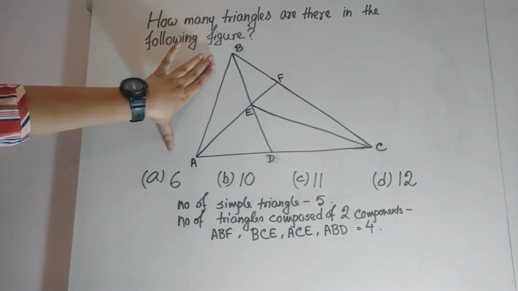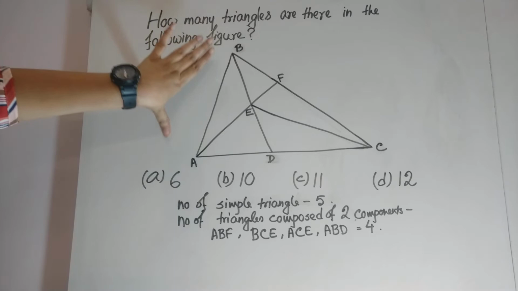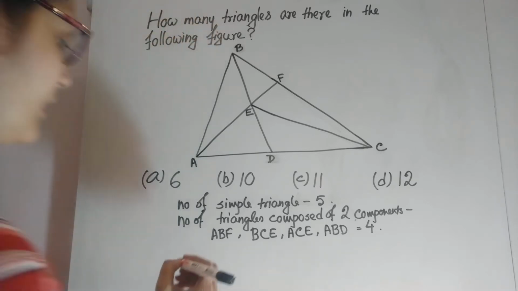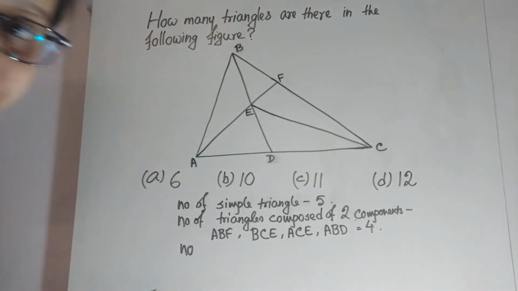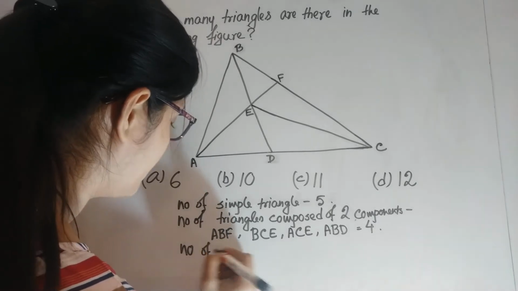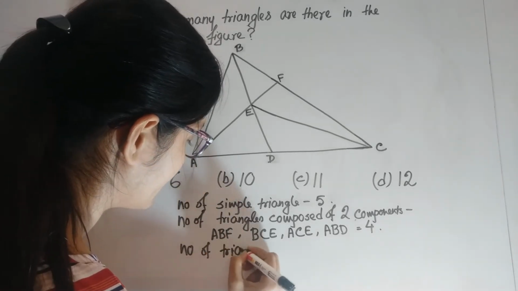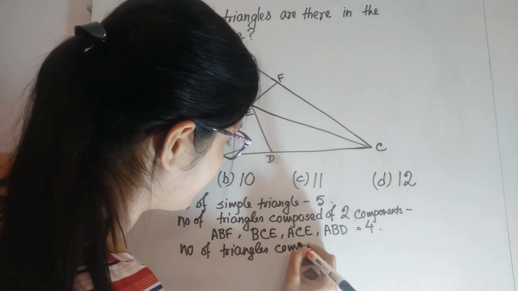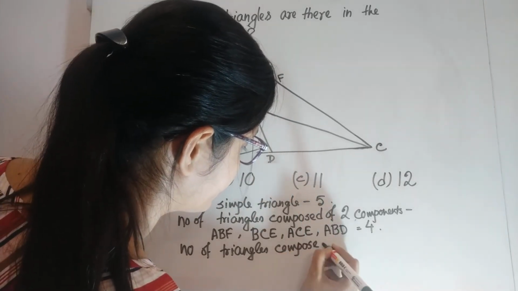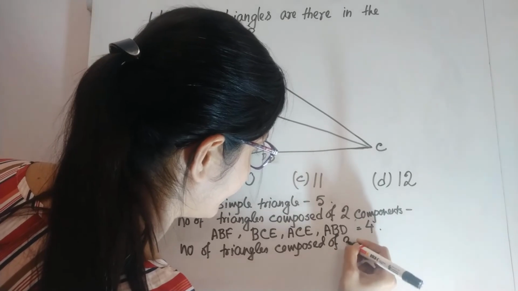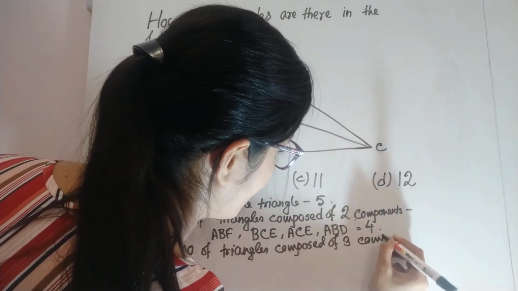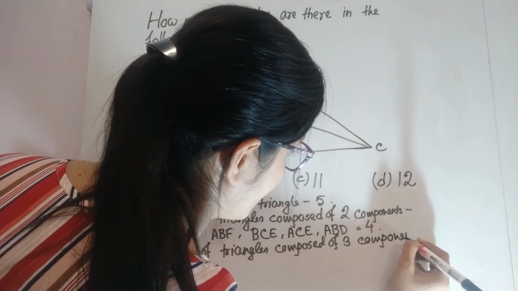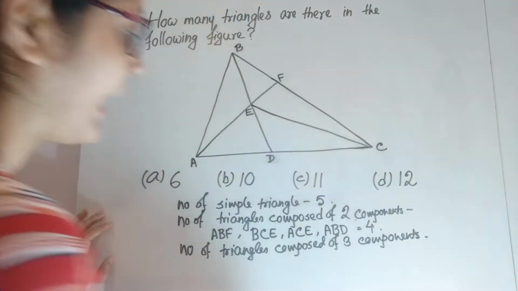Number of triangles composed of 3 components. How many are there?